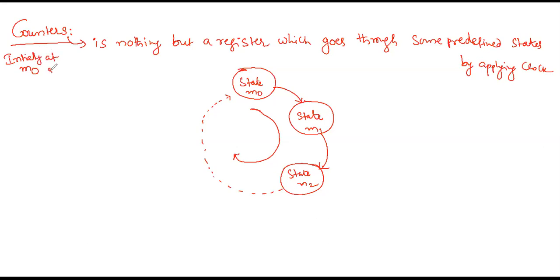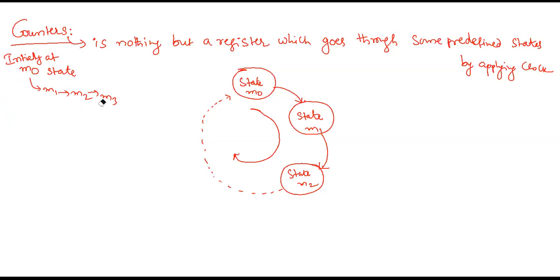At M0 state, then when you apply the clock pulse, then it will go to M1, then it will go to M2, then it will go to M3. Like this, again it will come to the M0.